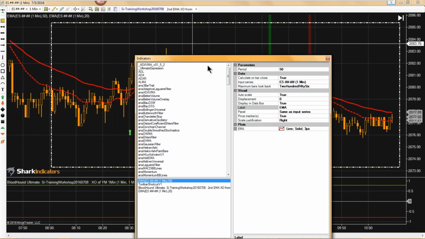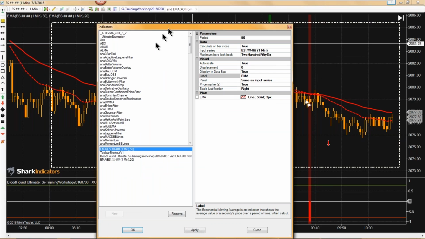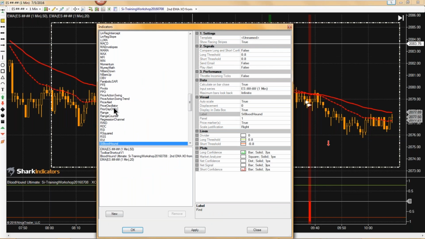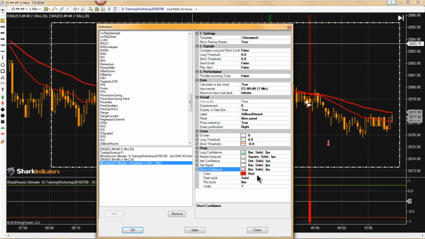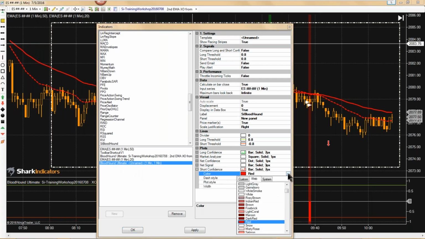So what we can do is add a second BloodHound to the chart. BloodHound's just an indicator, so NinjaTrader allows you to add as many indicators as you want to your chart, before your computer blows up. So we can stick BloodHound on here, and I can go in and change the colors on the second BloodHound.